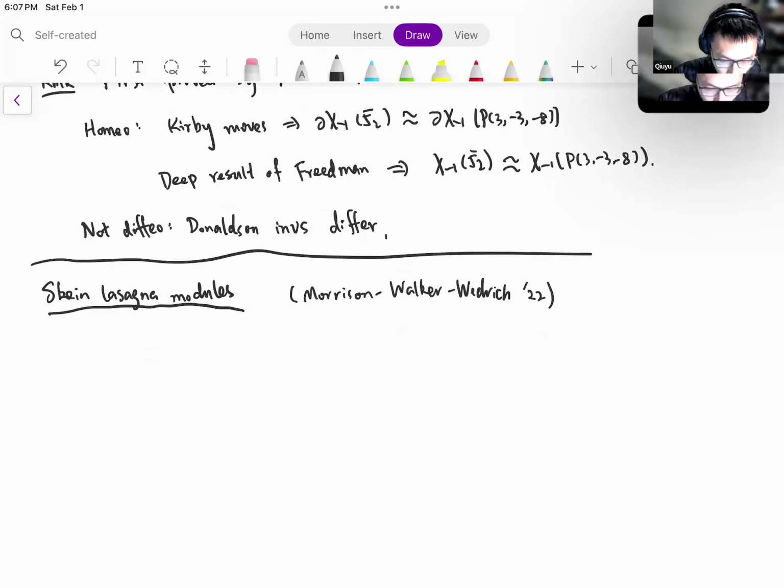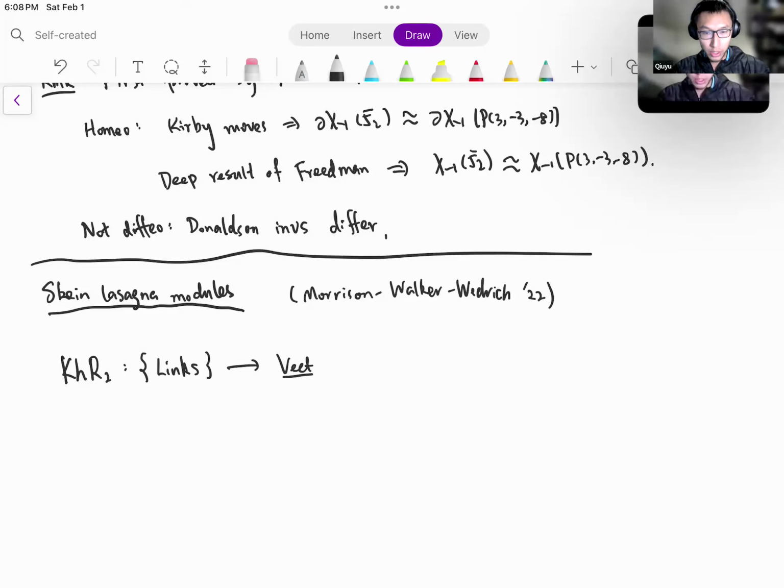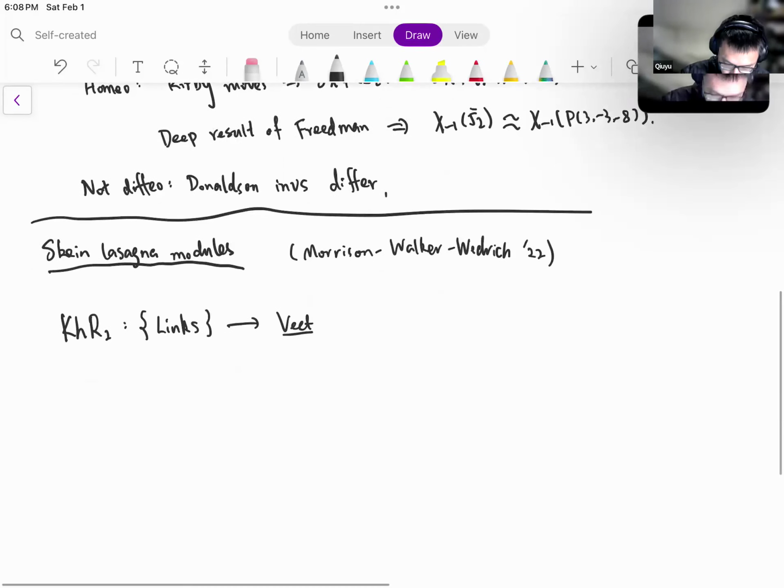The input for skin lasagna modules is the so-called Khovanov homology, which I will denote by Kh_R^2. Formally, this is just a functor from the category of links in S^3 to the category of vector spaces, maybe with some extra grading structures, which I'm going to ignore for the moment.